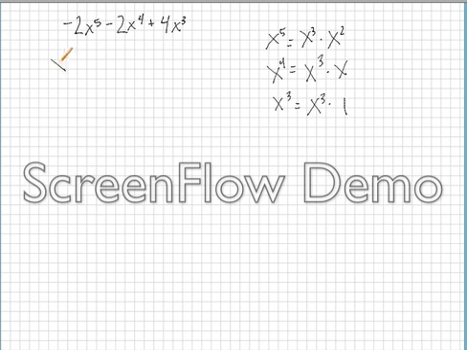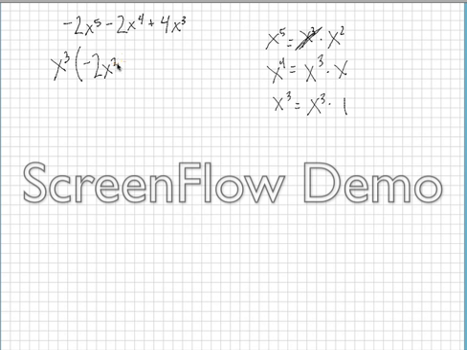So I'm going to remove x to the third and put it on the outside, and then I'm going to rewrite my inside expression. The coefficients, the numbers attached to the x terms, just stay the same for now. So I took out x to the third, so I'm going to cross it out, and what's left is x squared.